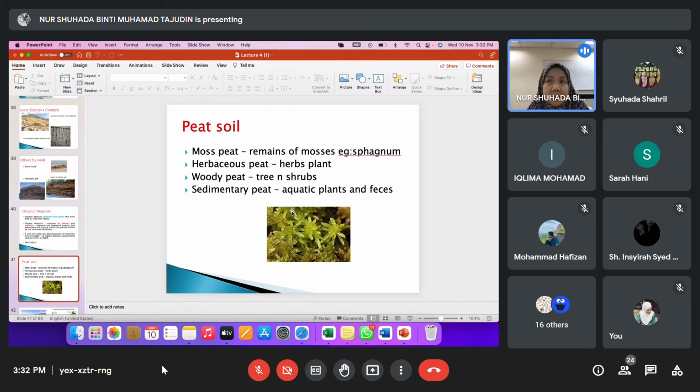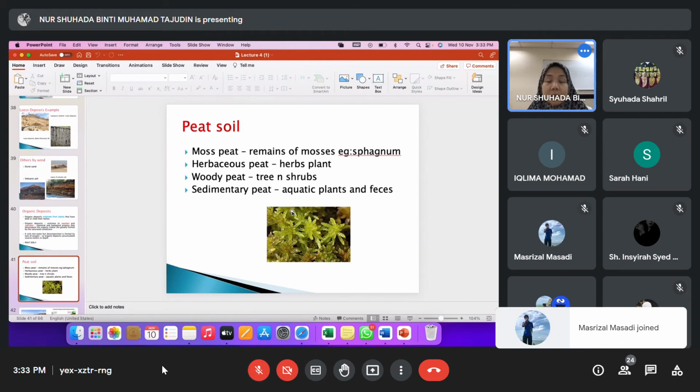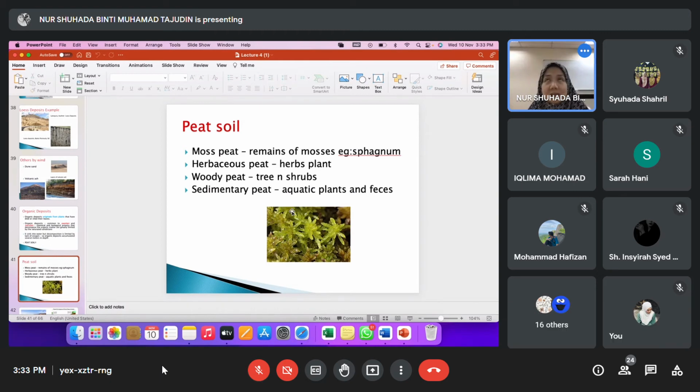Okay, for example mangrove, tapi from time to times the mangrove has been diminished and dia bertukar jadi a land. Okay, so this land mestilah mangrove tu ada kan. Okay, so that mangrove will form mesti ada woody peat. Maksudnya dia ada kayu-kayu yang lama-lama yang sedang mereput tu. Okay, so from time to times dia akan develop a peat soil.